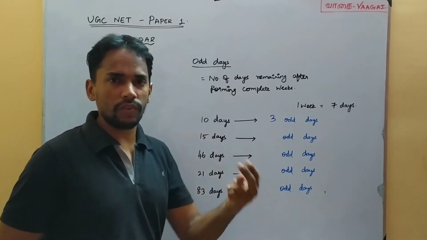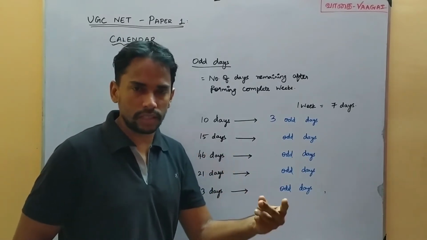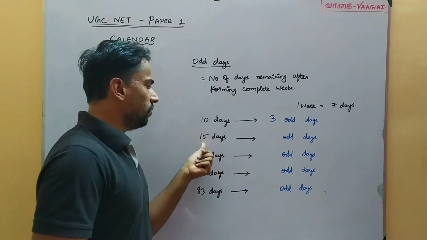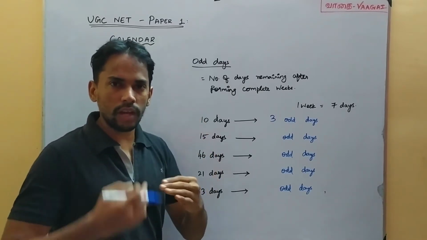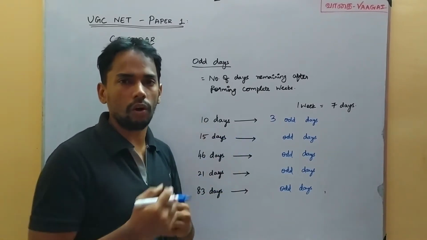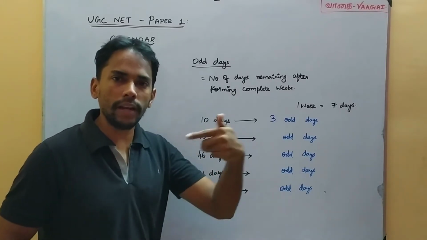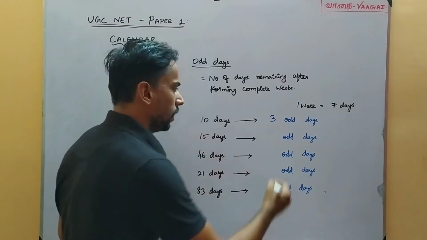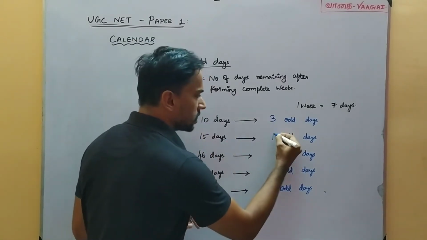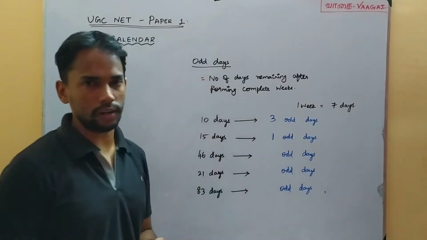So we can form 2 complete weeks, and 14 days are gone. Then 15 minus 14 leaves us with only 1 day. So for 15 days, we will have only 1 odd day.